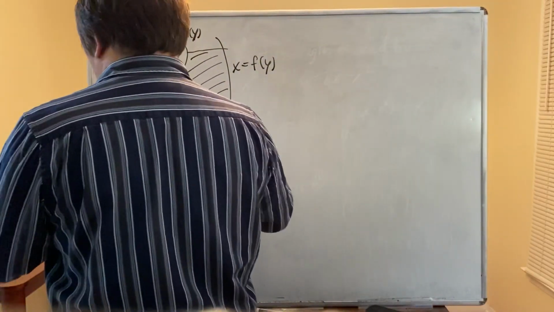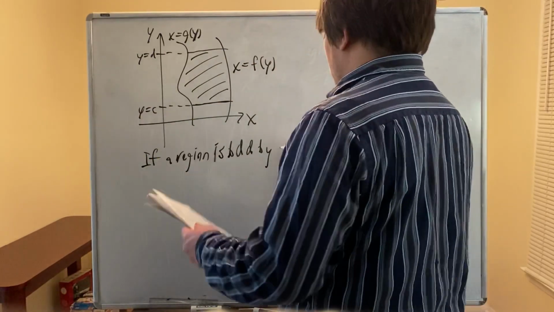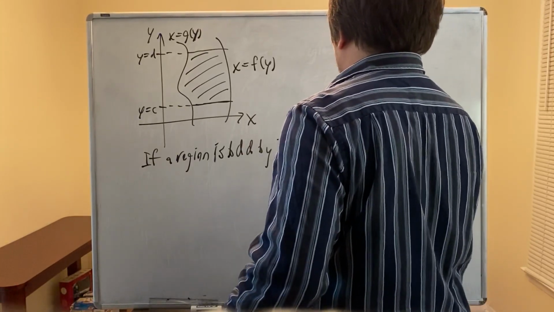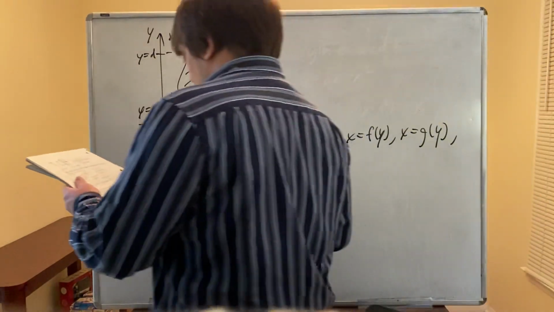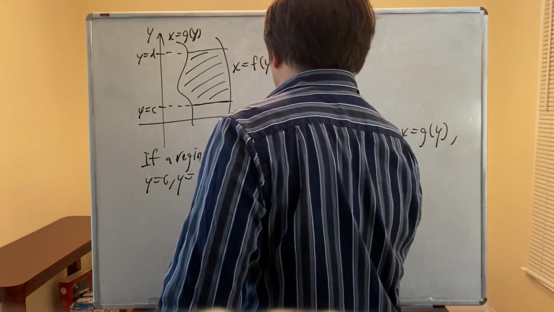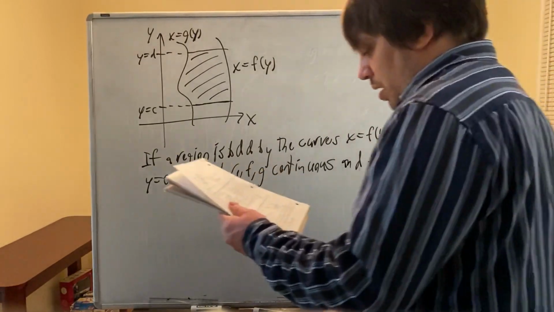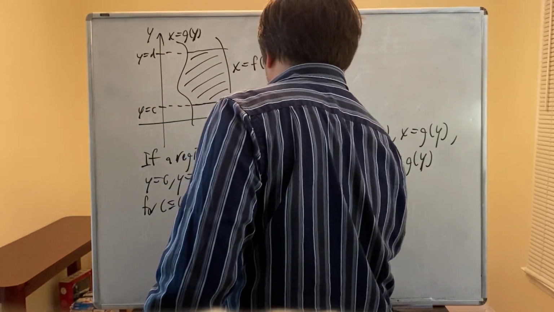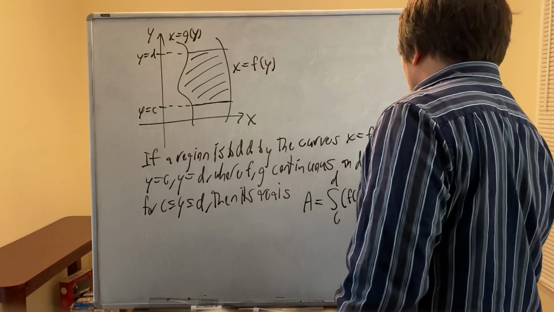So this picture depicts the following: if a region is bounded by the curves x equals f of y, x equals g of y, y equals c, and y equals d, where f and g are continuous, and f of y is greater or equal to g of y for c less or equal to y less or equal to d, then its area, capital A, is equal to the definite integral from c to d of f of y minus g of y dy.